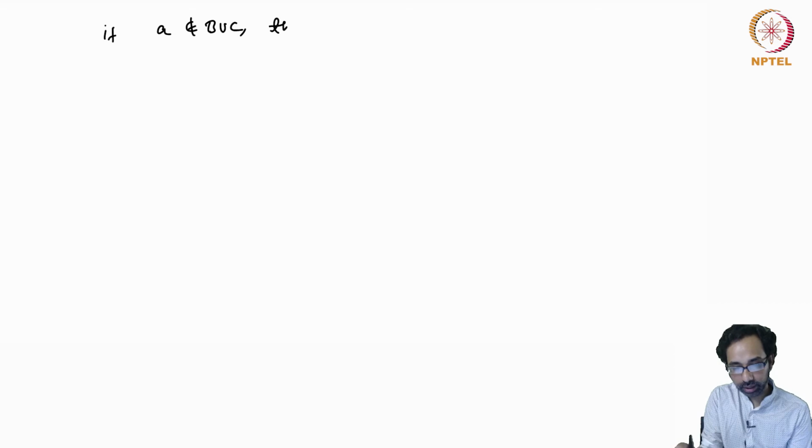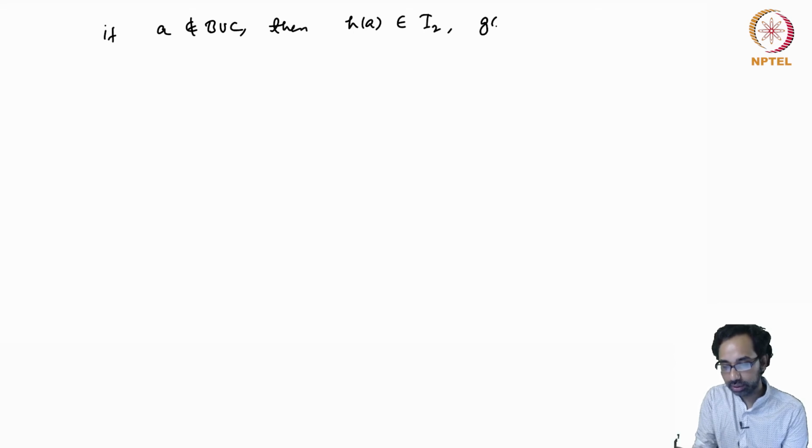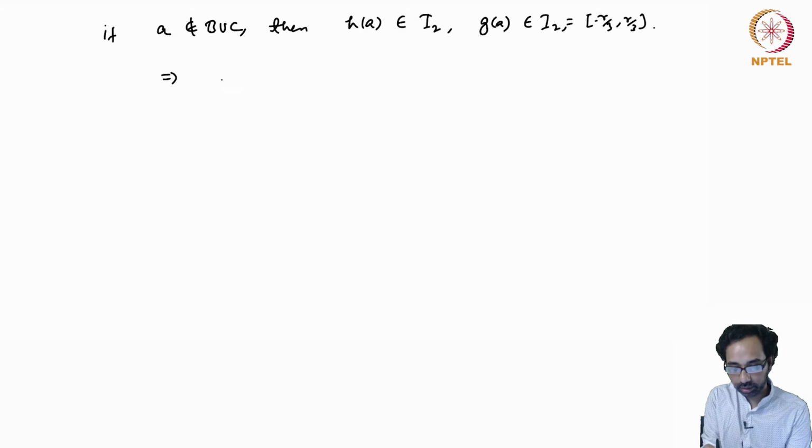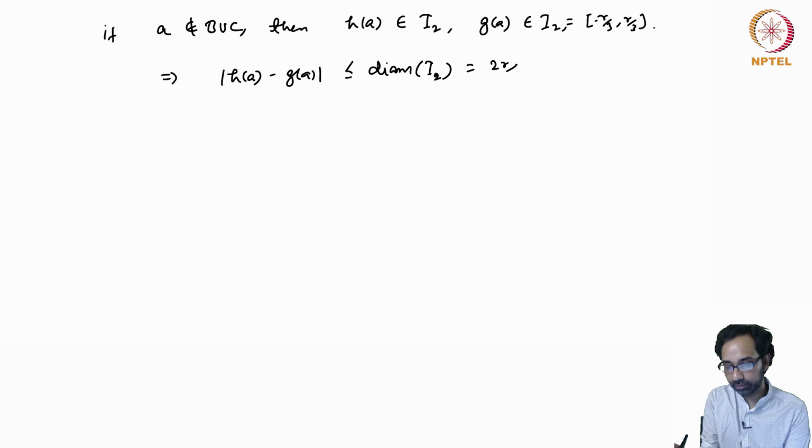However, if a does not belong to B union C, then h(a) belongs to I2, and so does g(a). So g(a) is already in I2, so this is nothing but minus r by 3 to r by 3, and therefore this implies that the distance between g(a) and h(a) is again less than the diameter of I2, which is again 2r by 3.